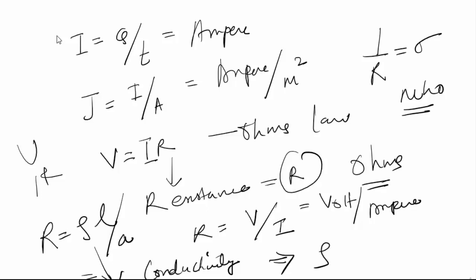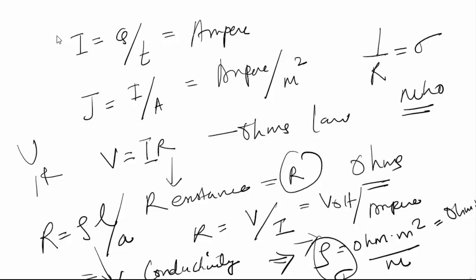The unit of resistivity is ohm meter square per meter, so you can say that it's ohm meter, and the inverse of resistivity is known as conductivity.